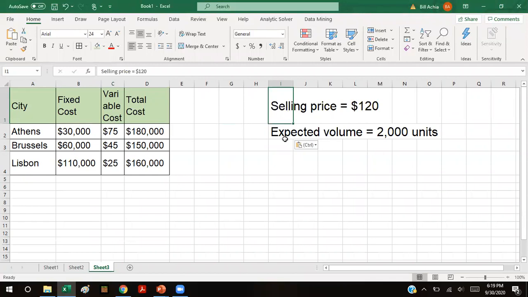So if you're looking at a break-even formula, you will have your total cost for a given location being equal to your total revenue. Okay. So for you to be able to use this approach, you need to know what the different costs are, and the costs are usually divided into 2. There's fixed cost, and then there's a variable cost as well.